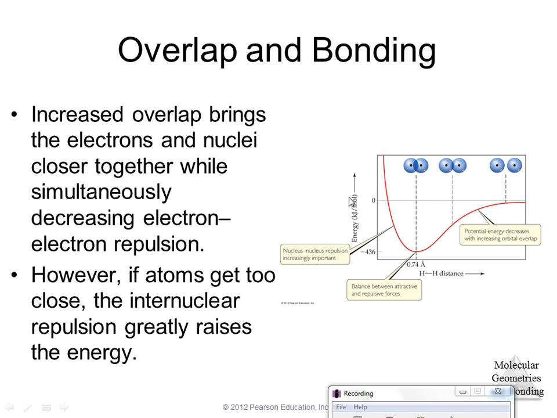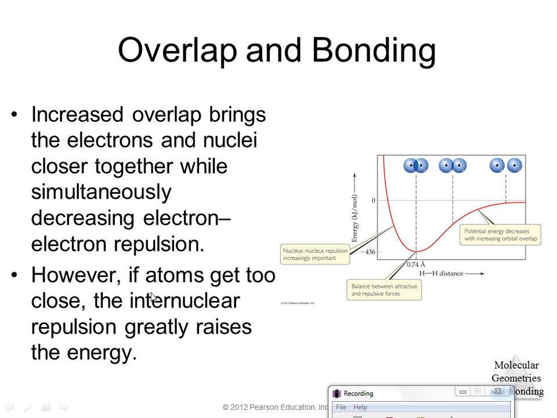When you start getting these overlaps, you've seen this picture before, at some point when they start coming together, they start mixing. Nucleus repulsions get closer and closer. Then there becomes this balance, which is the overlap. And as they spread apart, it decreases. So this distance gets to a point where the clouds mix and the repulsions are minimized, and there's a net attractive force where they don't repel from each other.